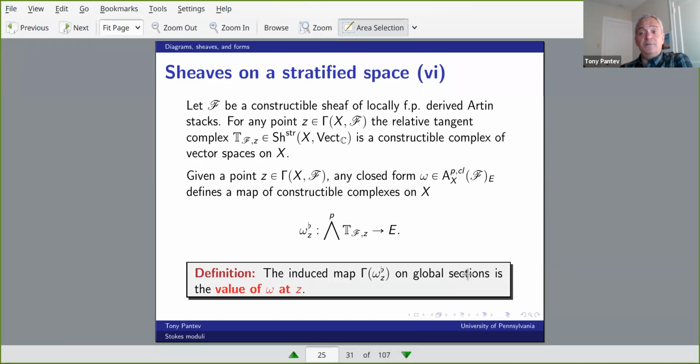It's a constructible complex on the base, and then if you have a relative form in one of these diagrams, it defines a map from the tangent complex to E, as you would expect. And if you look at what this does on cohomology, on global sections, that's the value of the form at the point. So that's good. That allows you to talk about non-degeneracy.